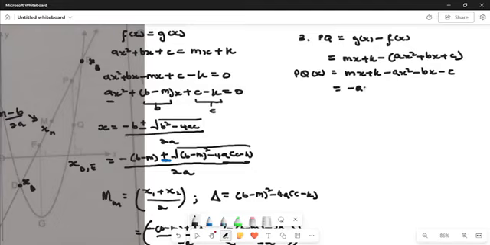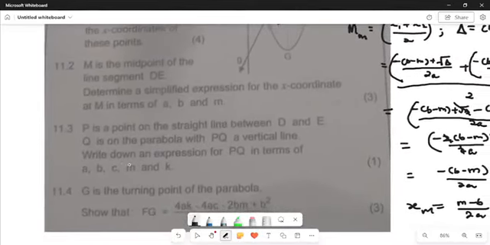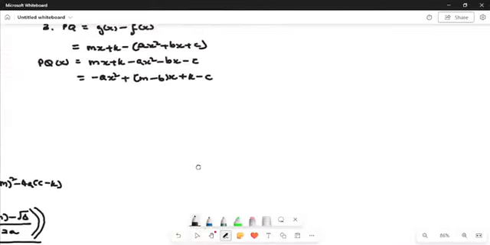So we can further simplify: negative ax squared, plus our like terms mx and bx, so we have (m minus b) multiplied by x, then plus k minus c. So this is a function of x, our vertical distance PQ. We just need to write down an expression for PQ, so we've presented PQ as a function of x.